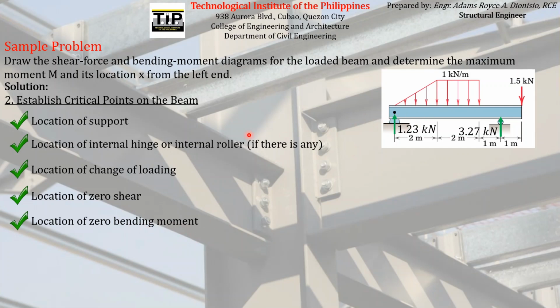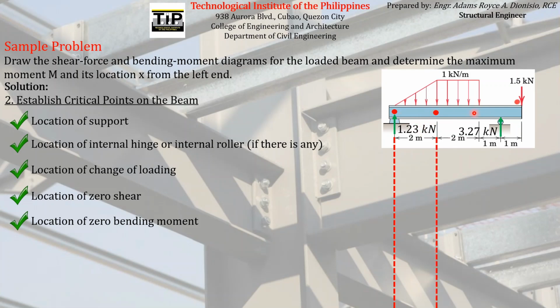So if we will try to apply these things that I have said here on this beam, we can see that this point is a critical point because it is a location of support. And this point is a critical point because it is a location of change of loading.